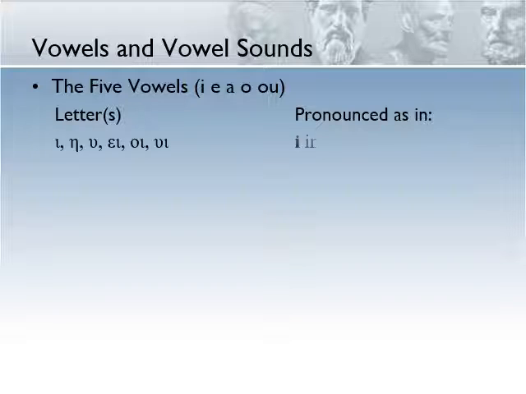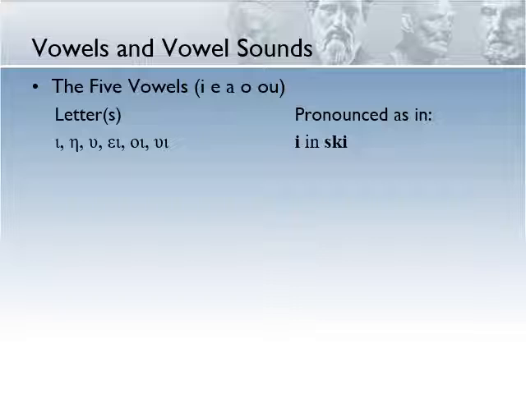First of all, the E sound. This is the phonetic I, E. This is probably the most common vowel sound in the Greek language, and there are 6 ways that you can represent this same sound. Like the I in the word ski, it's pronounced E, but these would be the letters iota, eta, and upsilon.